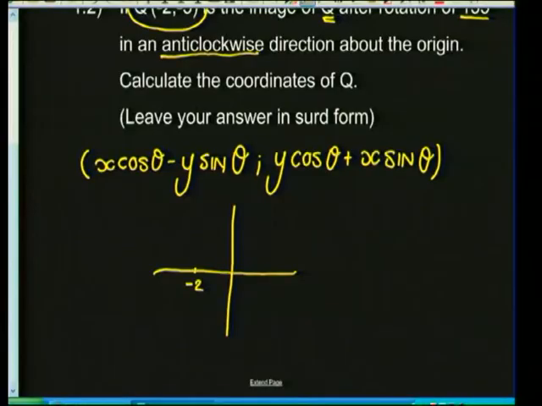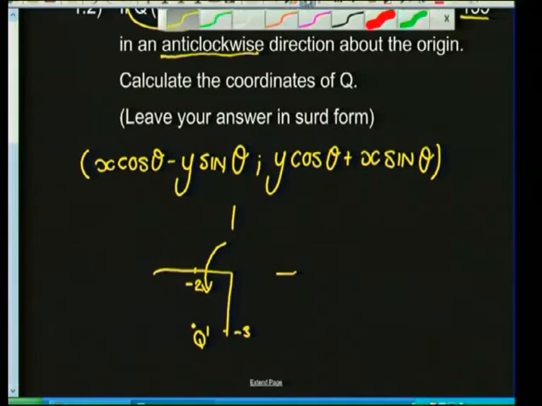If my point Q is at -2, -3, that's my rotated point Q. We were told that this point was rotated 135 degrees in an anti-clockwise direction.